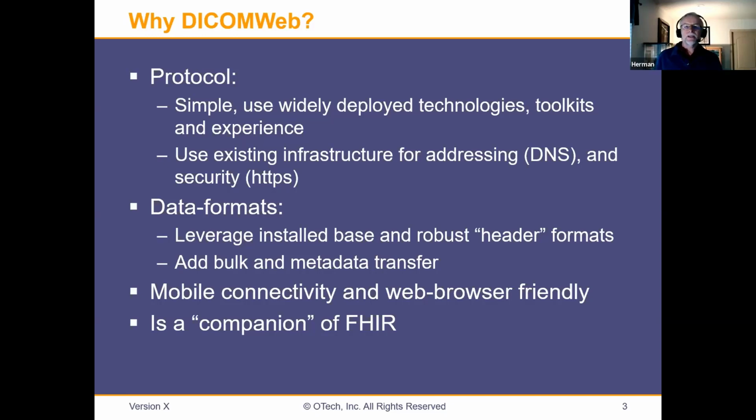The data format part of DICOMweb, we don't want to mess around with. We left the traditional header encoding, because remember, there are billions or gazillions of images right now around the world that we want to access. So we don't want to mess around with the encoding or the data formats. We use the same header.